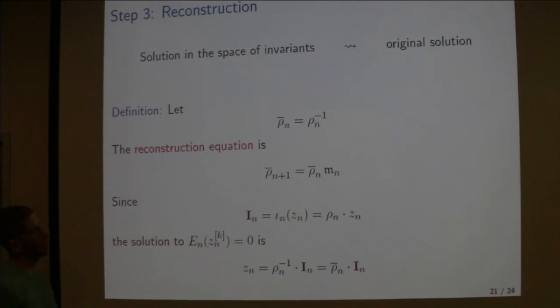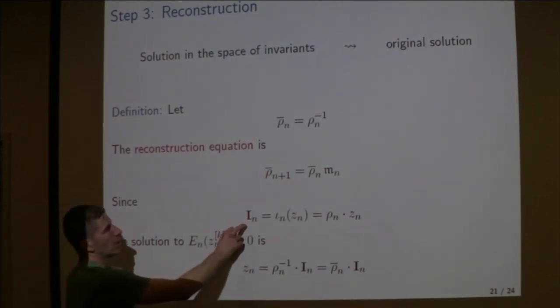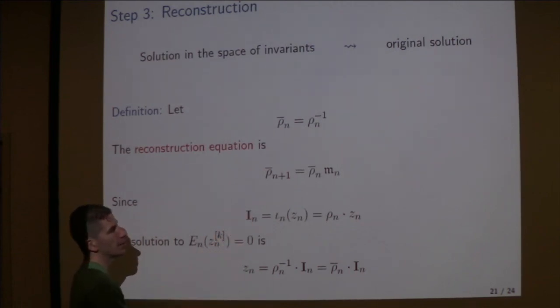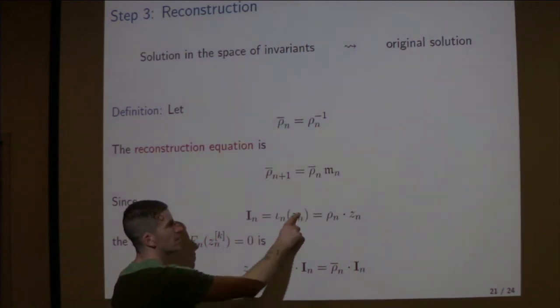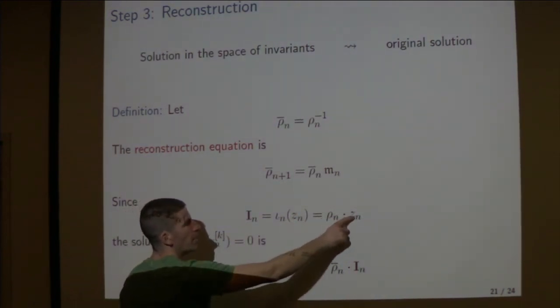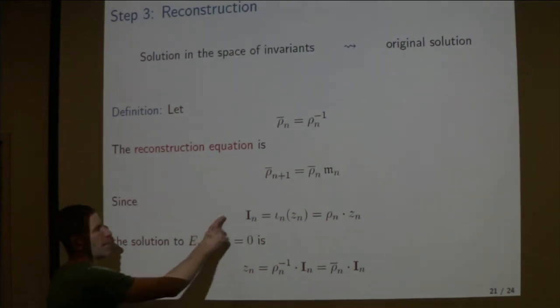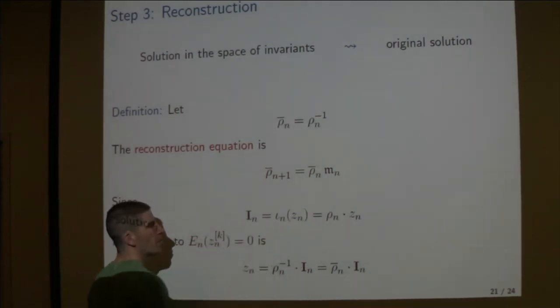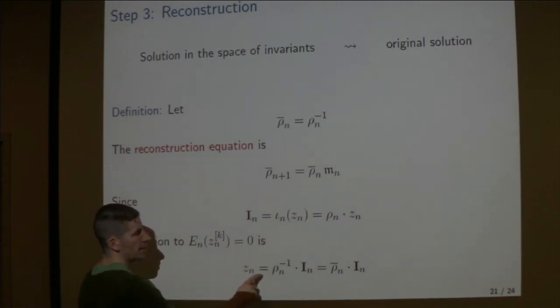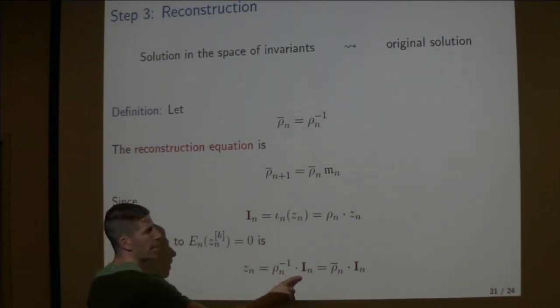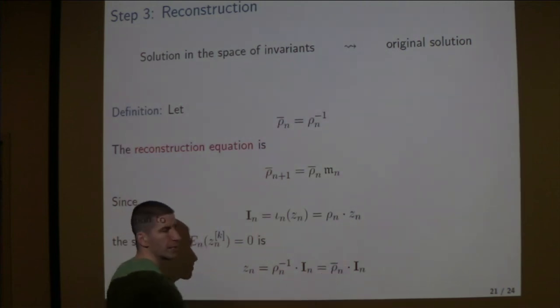Why is that? Well, by assumption we would know what In is, and then by definition In is just the invariantization of Zn, which is just rho n applied to Zn. So if we multiply this equation by rho n inverse, then we obtain Zn is rho n inverse acting on In, which is just rho bar acting on In.